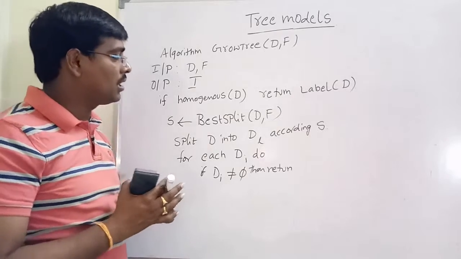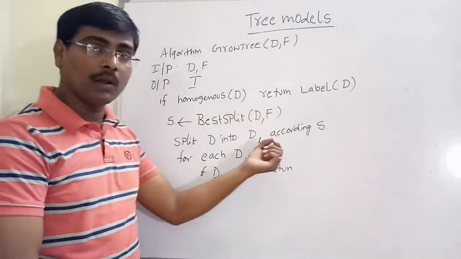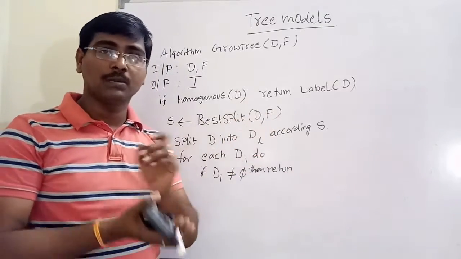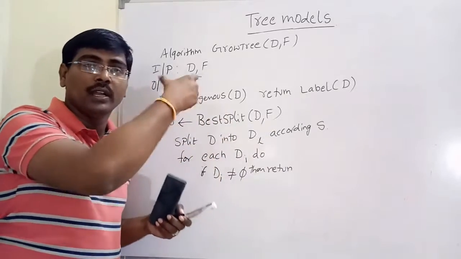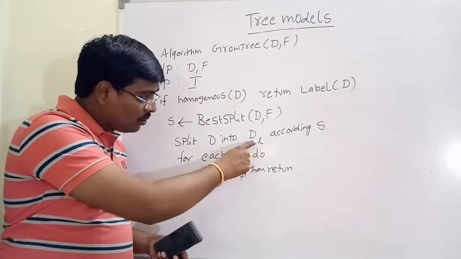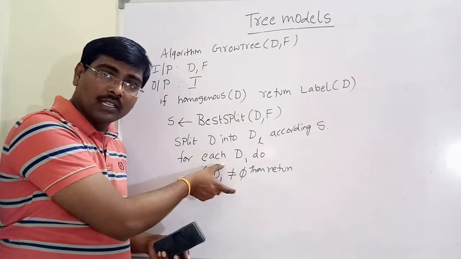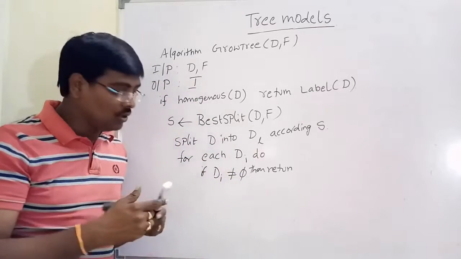The algorithm is simply a divide and conquer approach. In the divide and conquer approach, the entire data set is divided into different subsets, the future tree is identified for each subset individually, and then all the trees are combined to get the original tree. The data set D is divided into different subsets, and we identify each subtree recursively. The final goal is to combine all the subtrees into a single tree.